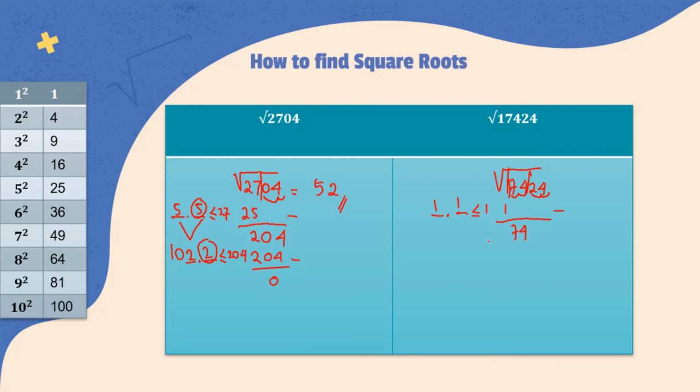And for 74, it's the same as our previous question. 1 plus 1 is equal to 2, with what number times what number is less than or the same as 74?